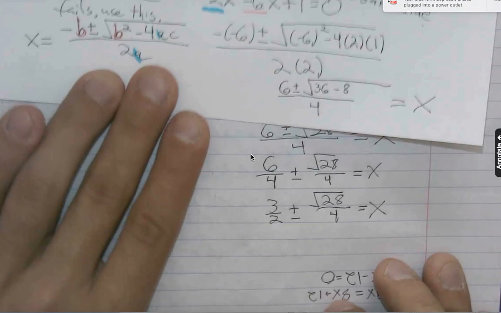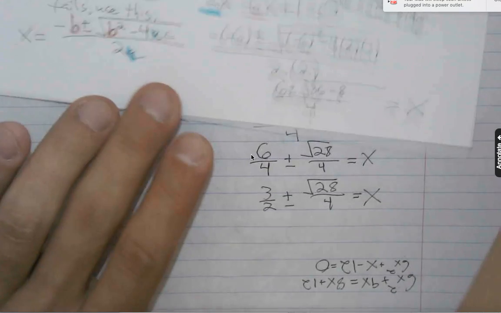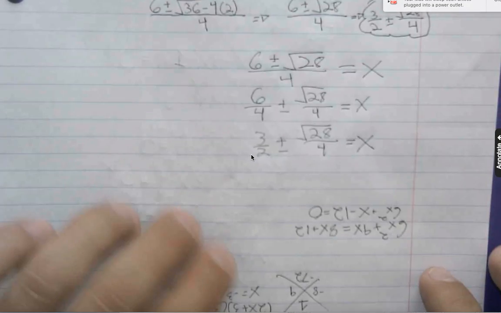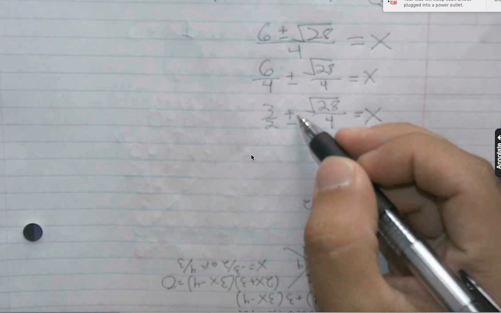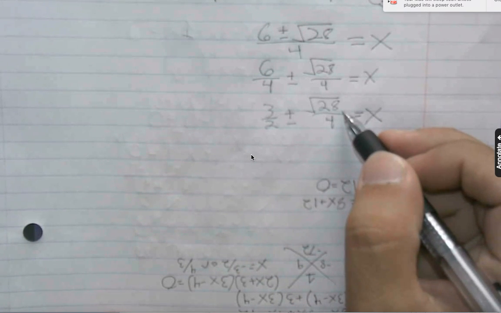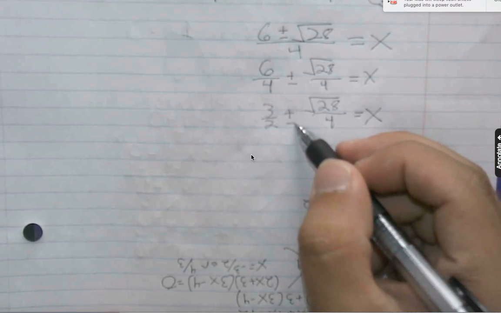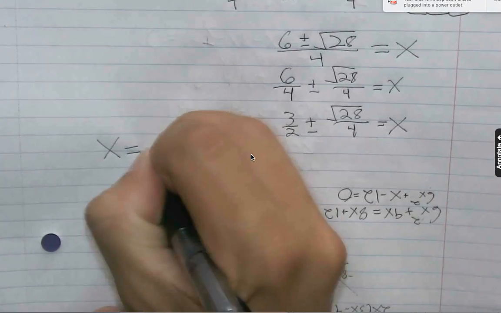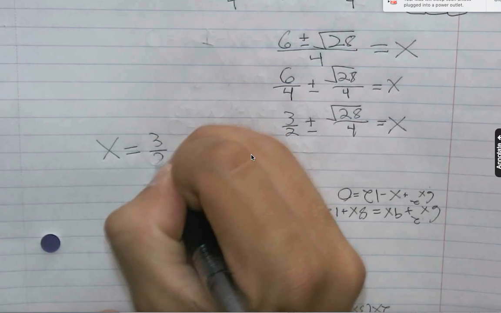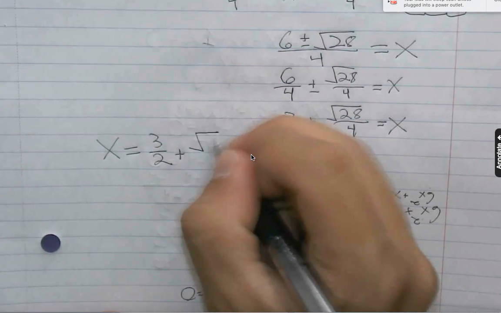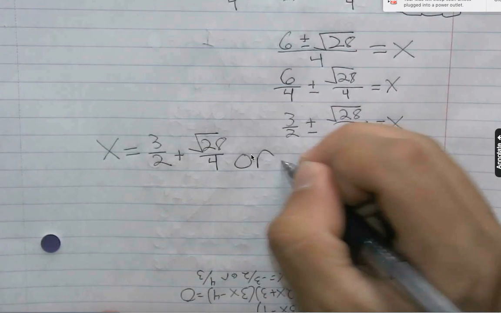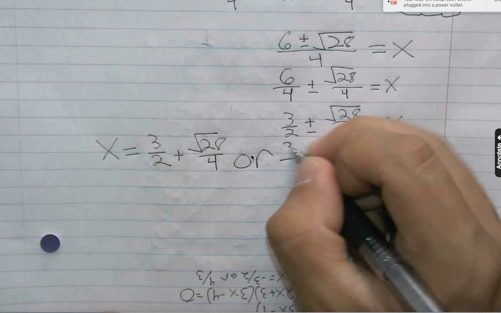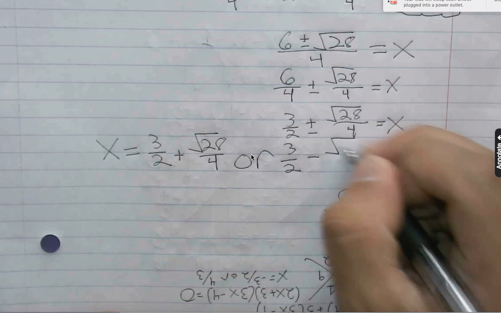And so this actually gives us two different answers. If we look at this closely, we know that we're going to be taking an additional root 28 over 4, or deducting it, which gives us two answers. So we could say that x equals 3 halves plus root 28 over 4, or 3 halves minus root 28 over 4.